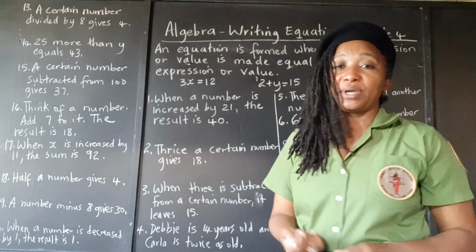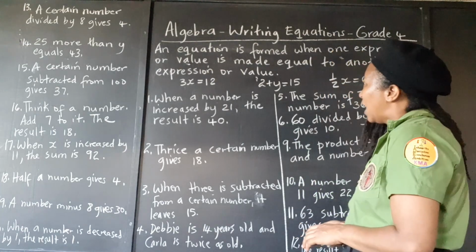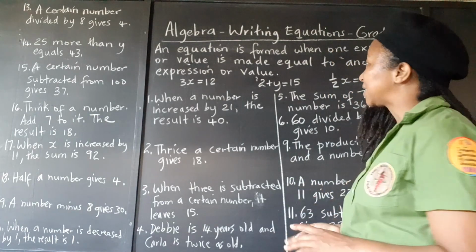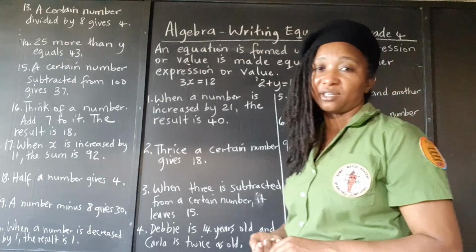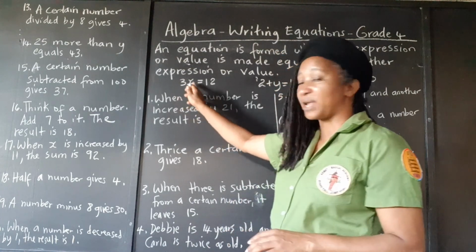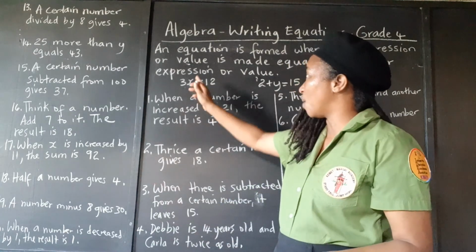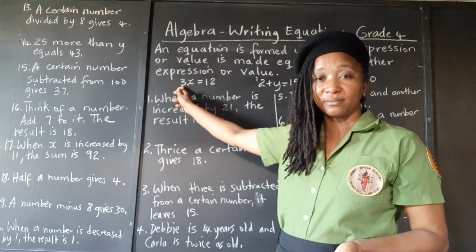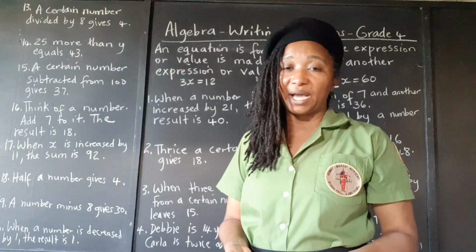So again, let me read the definition of what an equation is. An equation is formed when one expression or value is made equal to another expression or value. So here we have an expression, 3x, where we're saying whatever x is, we're multiplying it by 3.